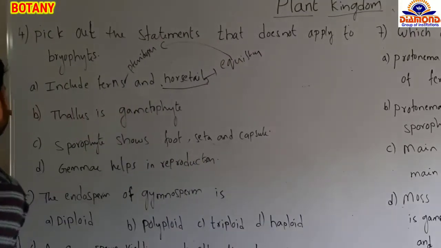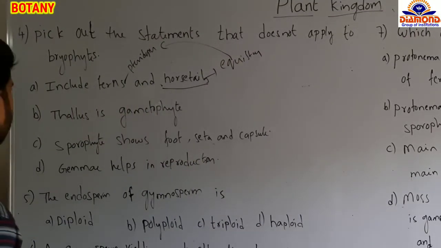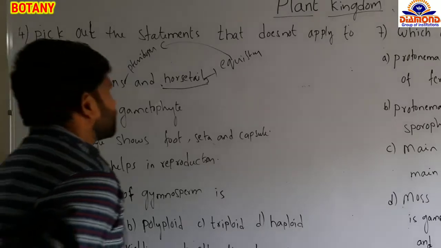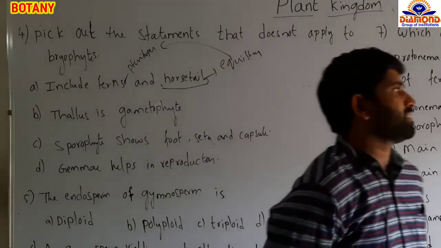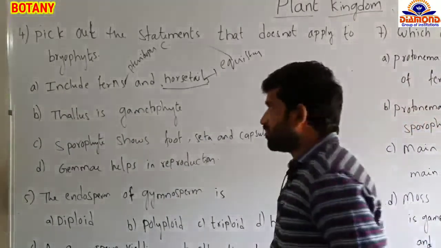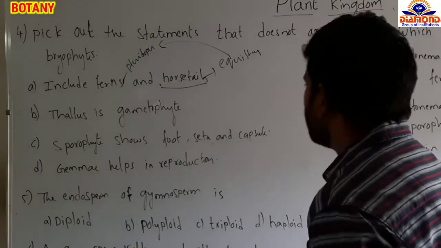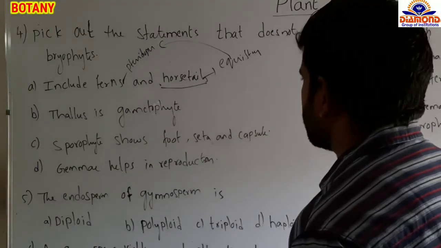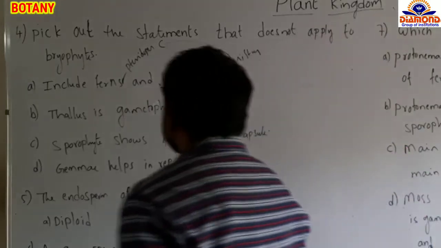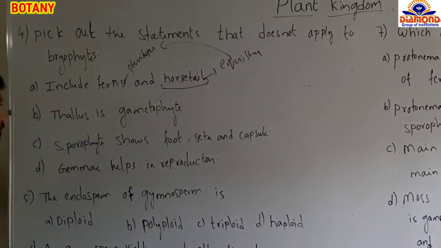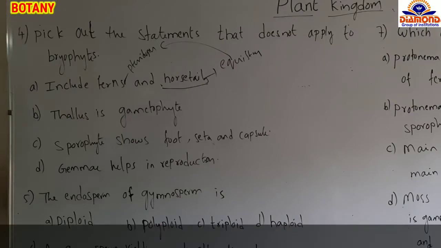And option D, thallus is gametophyte. Yes, in bryophytes and pteridophytes, thallus is a gametophyte body only. And option C, sporophyte shows foot, seta and capsule. When we look at the sporophyte body, foot, seta and capsule are seen in bryophytes. And option D, gemmae help in reproduction.